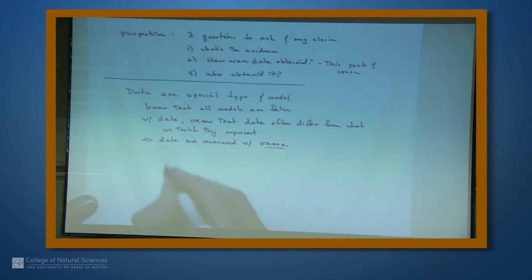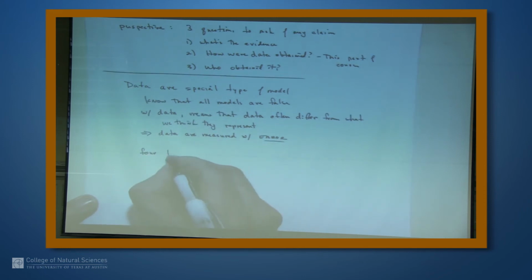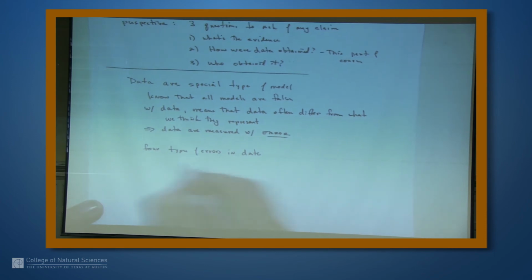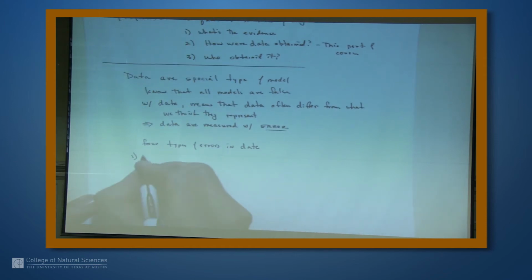So we'll talk about 4 types of errors in data. And usually I go through them in a different order, but we don't actually have time today to do everything I wanted, so I'm changing the order. Rounding, precision and accuracy.